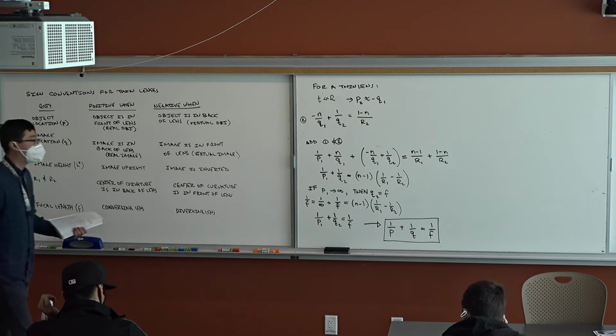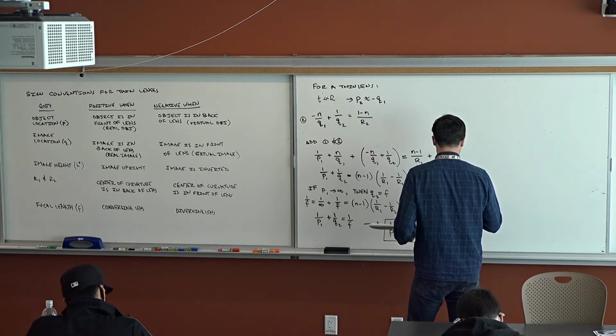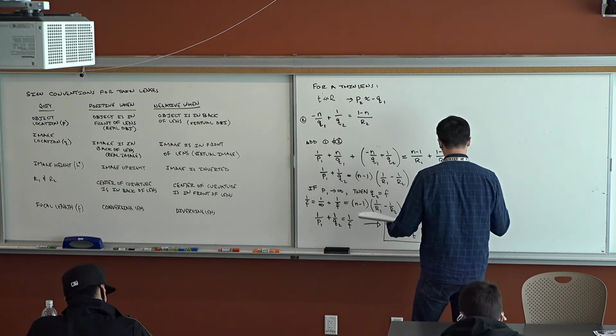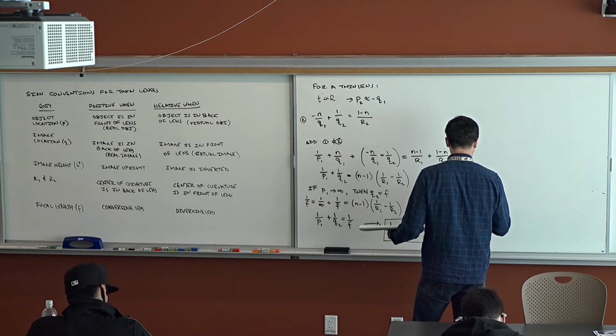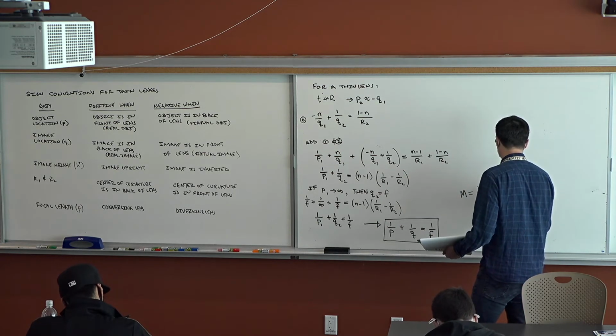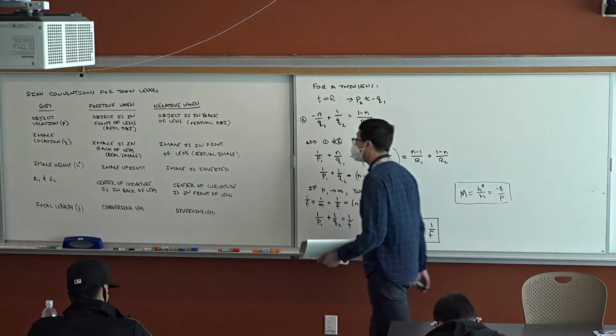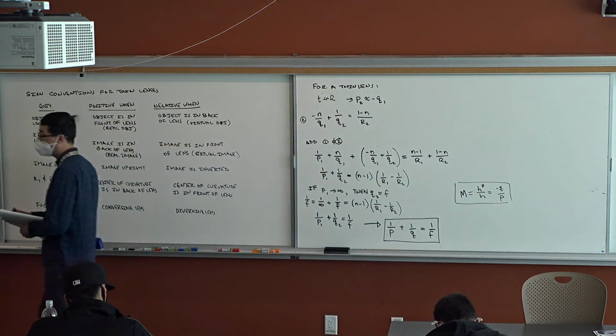And then we've used this before, but I'll give it again. The magnification is just h prime over h, which is going to wind up being minus q over p.